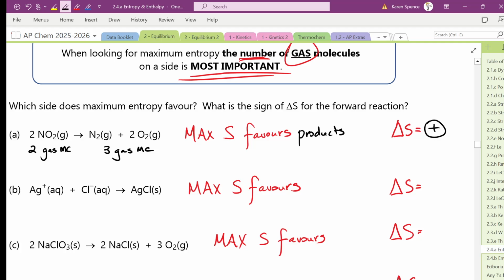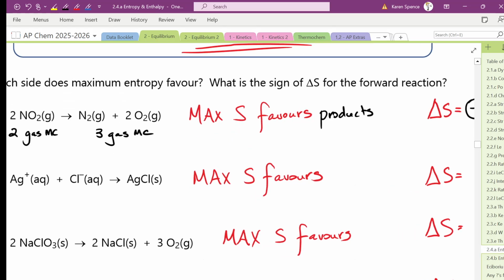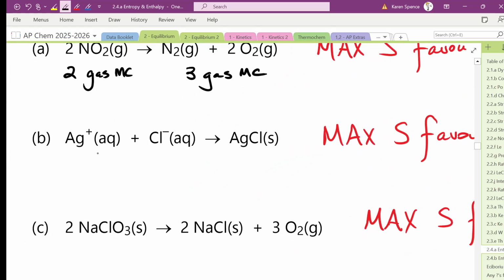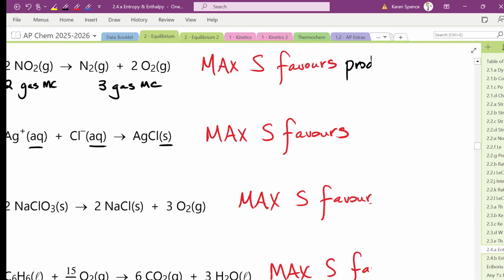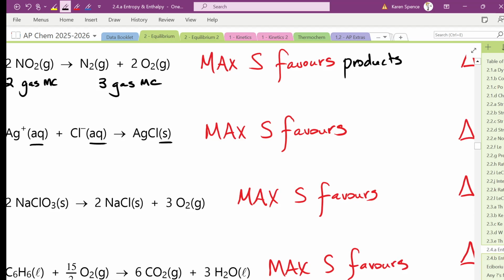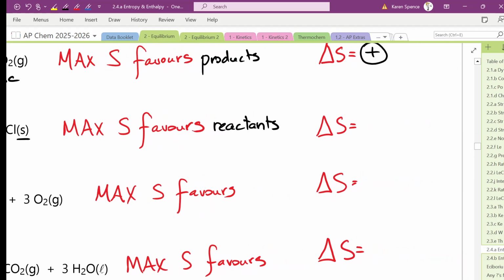Okay. In our second one, we have aqueous and aqueous, and then on the right-hand side, we have solid. So maximum entropy favors the reactants. Solid is the least entropic, I guess you could say. And so in this case, delta S is negative.